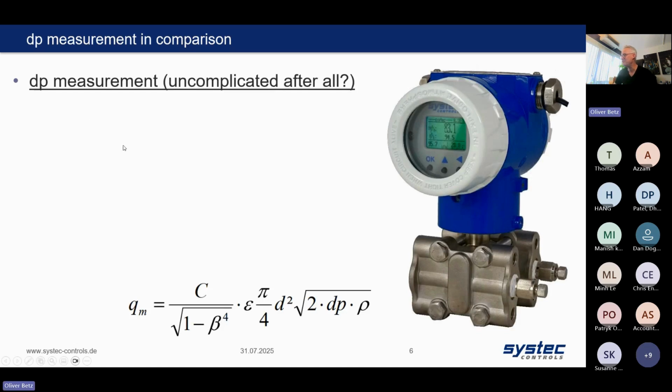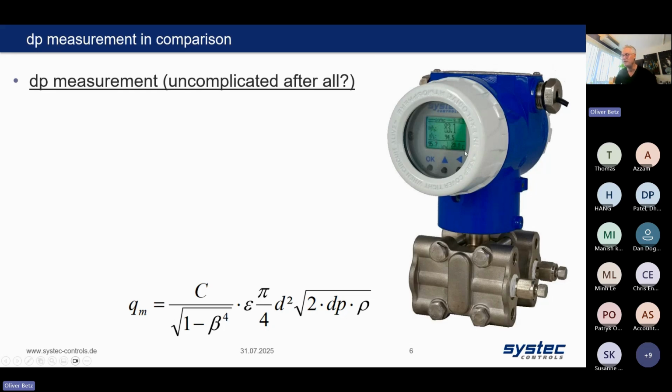One possibility to make it less complicated is our SysMMF, which is a multivariable dP transmitter. The good thing is that this equation, this ISO 5167 equation, is included in this two-wire transmitter, which means this transmitter is not only measuring the dP, but also, you can see it here in the display a little bit, the absolute pressure and the temperature.